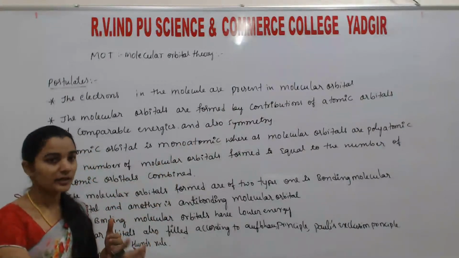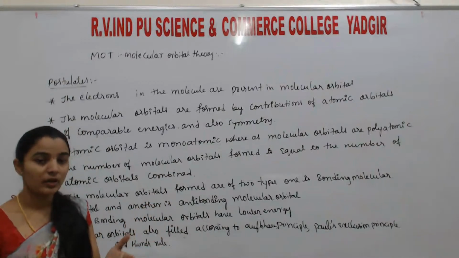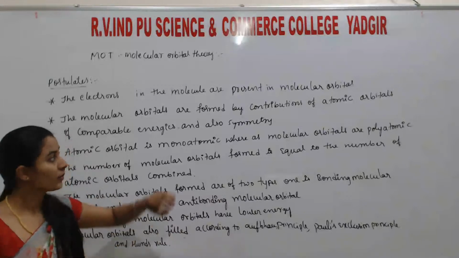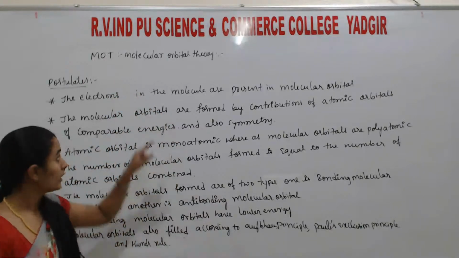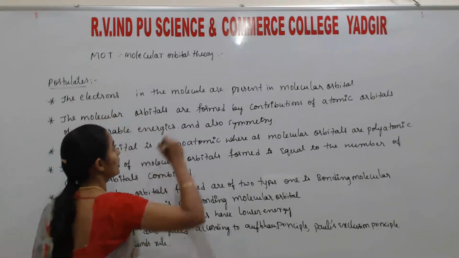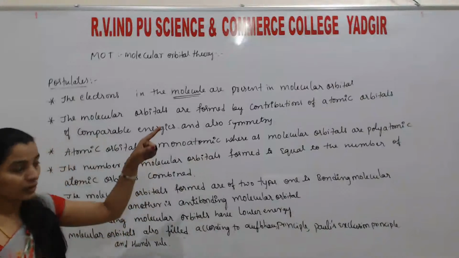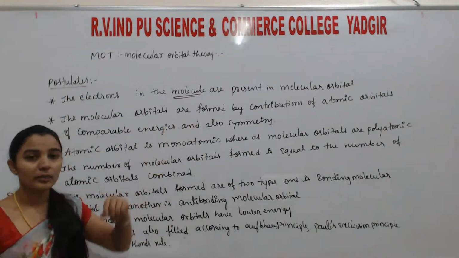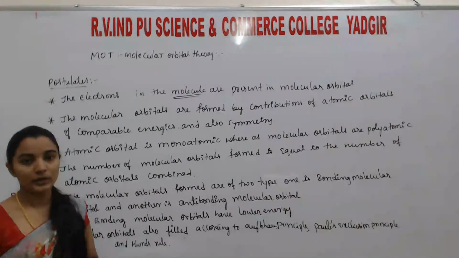Whatever we explained before, s orbital, p orbital, d orbital, those are atomic orbitals where the electrons of an atom are present. Here we are considering a molecule, so electrons of the molecule are present in molecular orbitals. How do the molecular orbitals form? By combination of atomic orbitals.